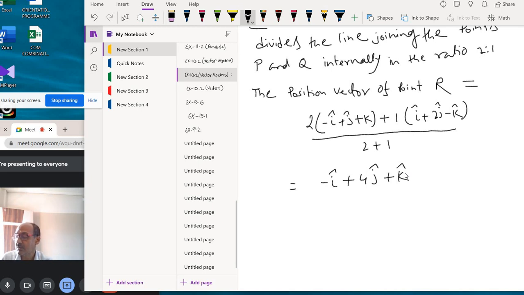So minus i plus 4j plus k divided by 2 plus 1, that is 3. This equals minus 1 by 3 i plus 4 by 3 j plus 1 by 3 k. Okay, this is the required point.